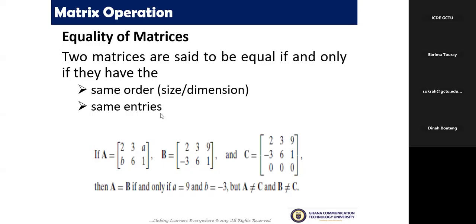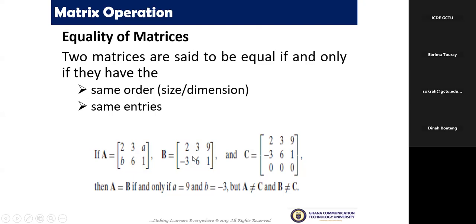So when you look at this matrix, if you have 2 in this corner and the same 2 in this corner, if you have 3 in the middle and you have the same 3 at the middle, then if you have A here, it should also be A. So if A and B here are the same, then it means this variable A must be equal to 9.